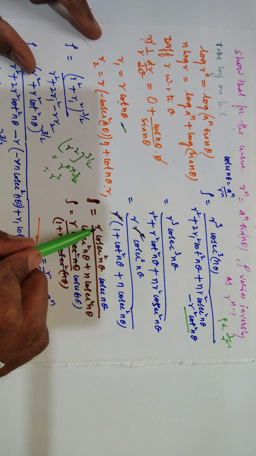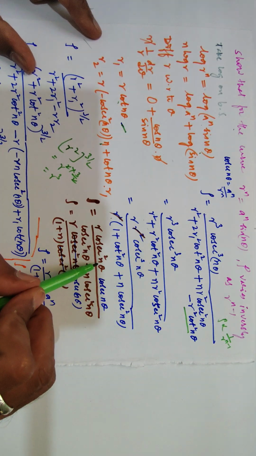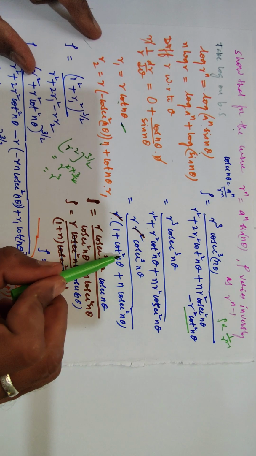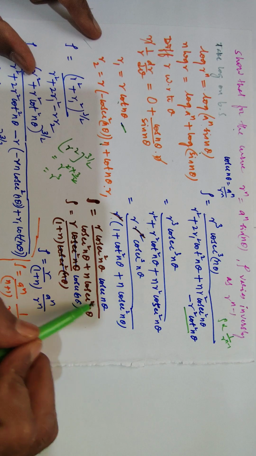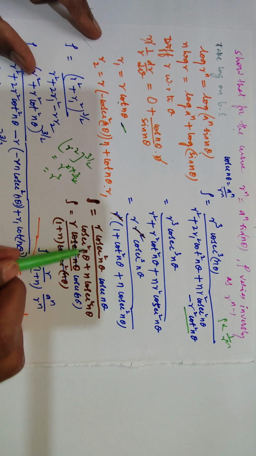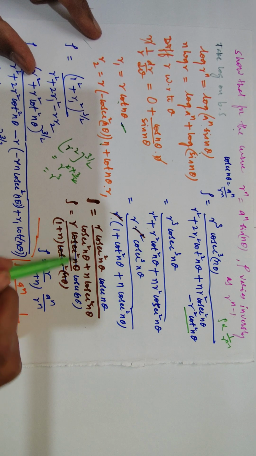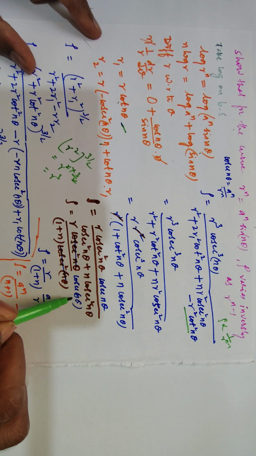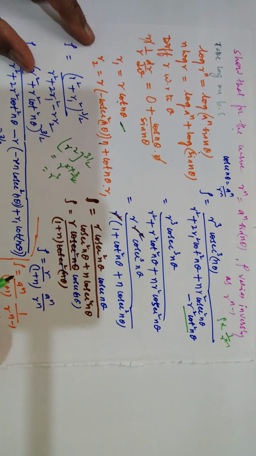Here r remains, r into this cosecant cube can be written as cosecant square n theta into cosecant n theta, divided by, this 1 plus cot square n theta is again cosecant square n theta, plus this is cosecant square n theta. So in the denominator, you can take cosecant square n theta common, you will get 1 plus n here. So cosecant square n theta gets cancelled. Here you have cosecant n theta remaining, r into cosecant n theta divided by 1 plus n.